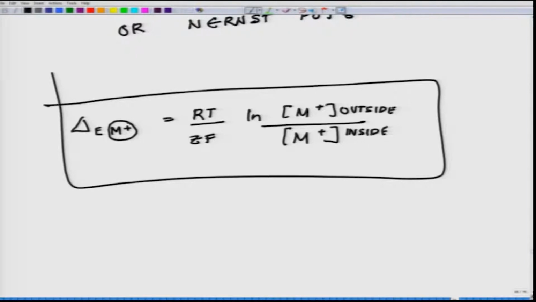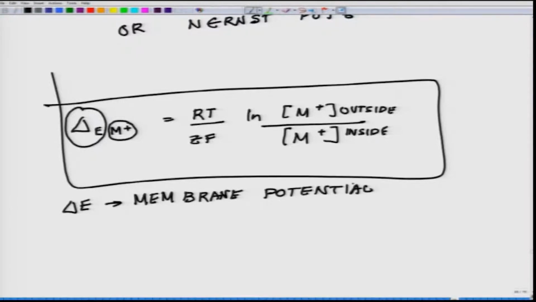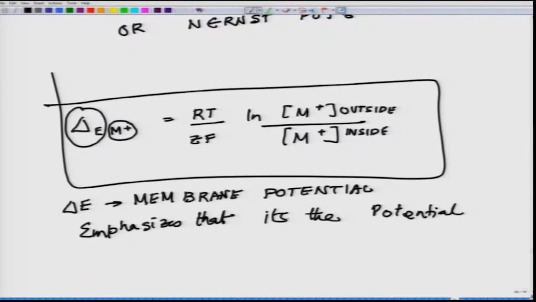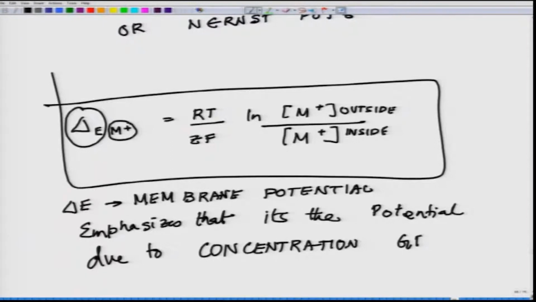So, in other words, the symbol delta E for the membrane potential emphasizes that it is the difference in potential due to concentration difference or concentration gradient.